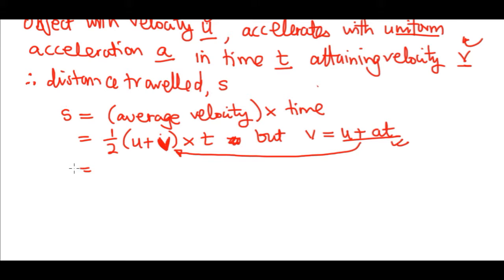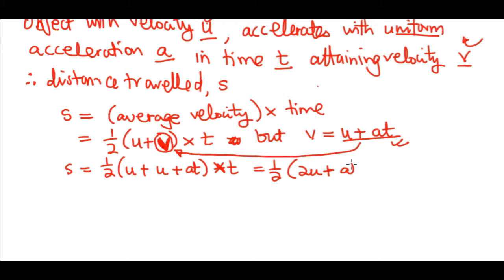So this becomes s is equal to half of u plus at, when we have replaced this v by u plus at, times time. Cleaning that up a bit, it becomes half of 2u plus at times t. Putting the t inside, it becomes half of 2ut plus at squared.